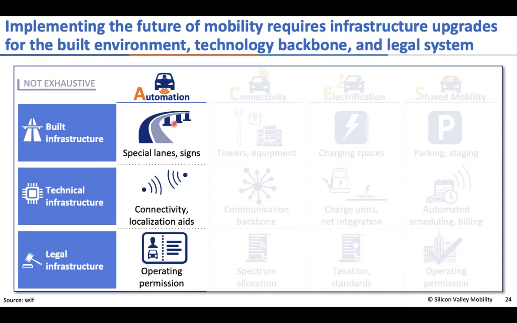Technical infrastructure, which is connectivity that we will talk about in a minute, localization aids maybe where GPS is not good enough, but also legal infrastructure is needed, whether that's a permission to operate a vehicle or maybe special rules for traffic, where you say an automated vehicle can do this, but a human-driven vehicle maybe not.